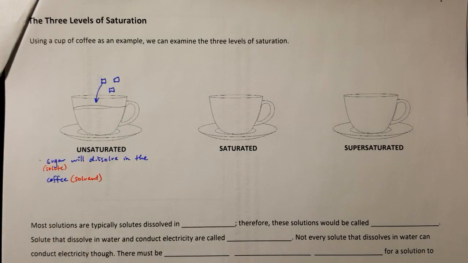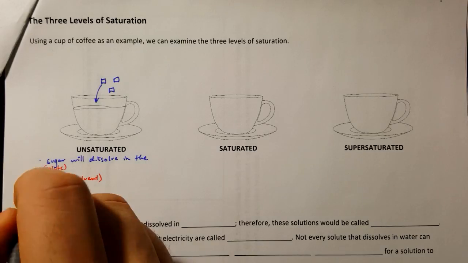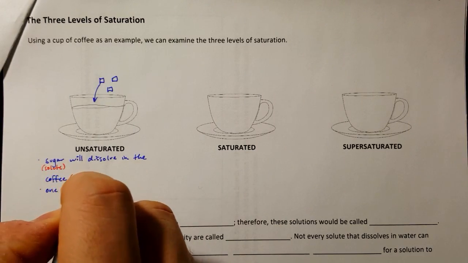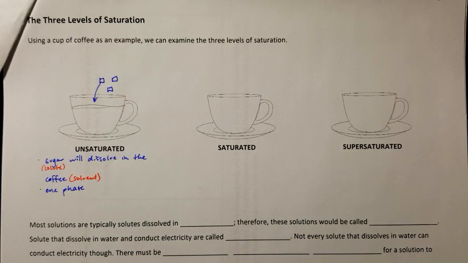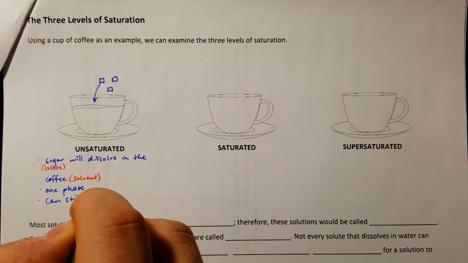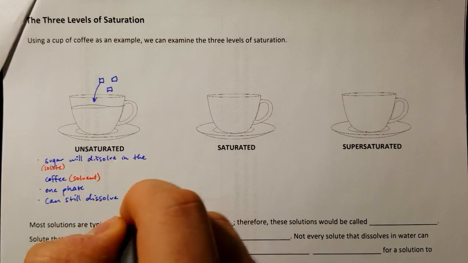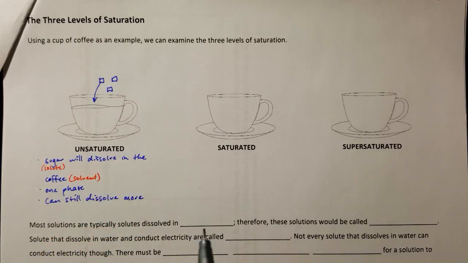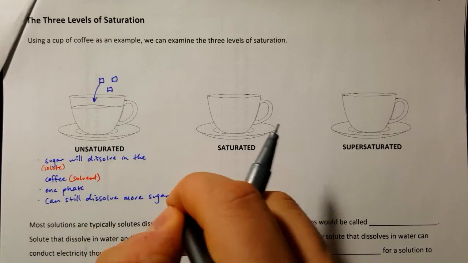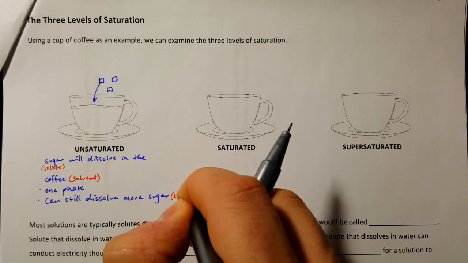And what I will end up with, I will still have one phase, right? Because the sugar is dissolved, that creates a solution, right? But this can still dissolve more sugar, or, more generally, can still dissolve more solute.